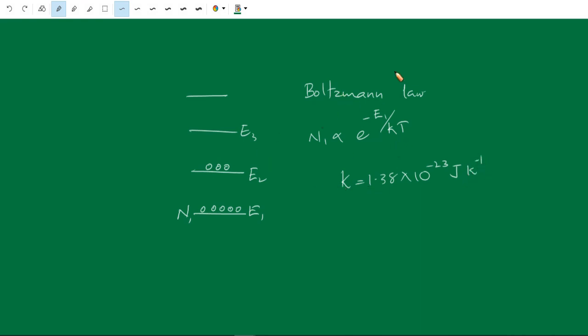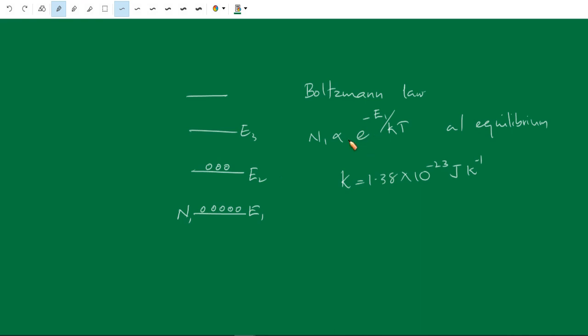At equilibrium, the number of particles per unit volume is given by this relation. Equilibrium means thermal equilibrium at a constant temperature.